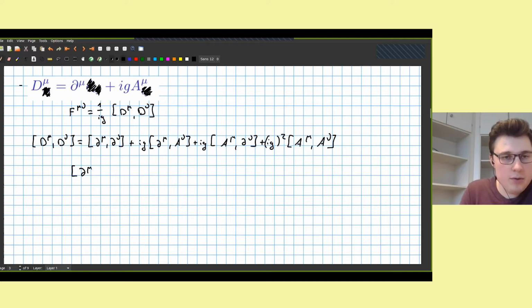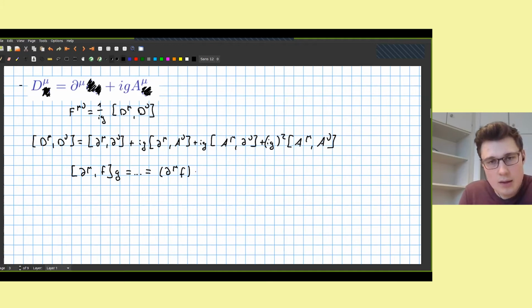We have a ∂_μ in the commutator with f applied on some other function g, and the hint was that this is equal to the derivative acting only on f, multiplied with the function g.